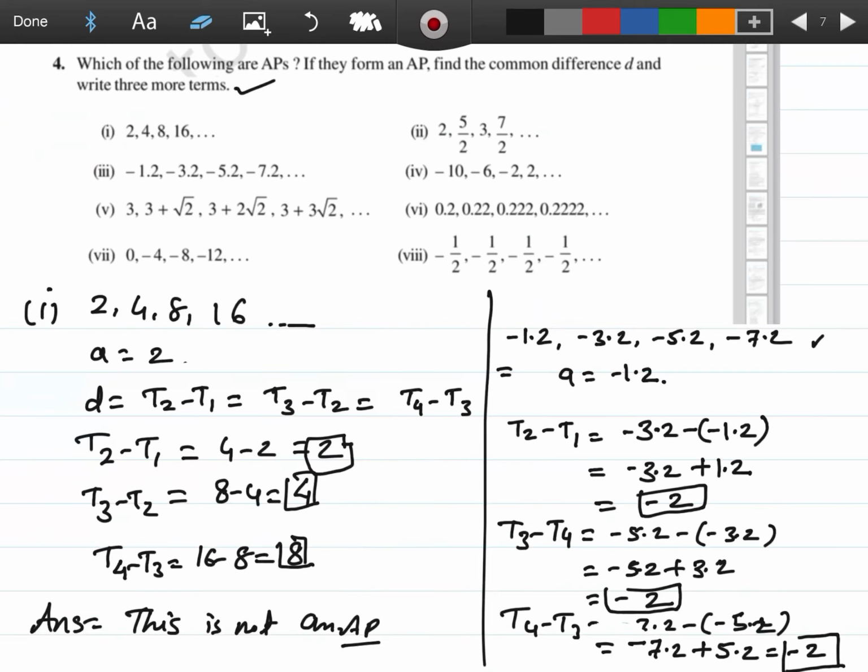Now let us see how to solve the sixth one.